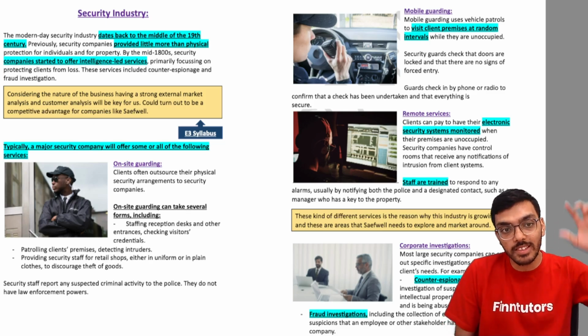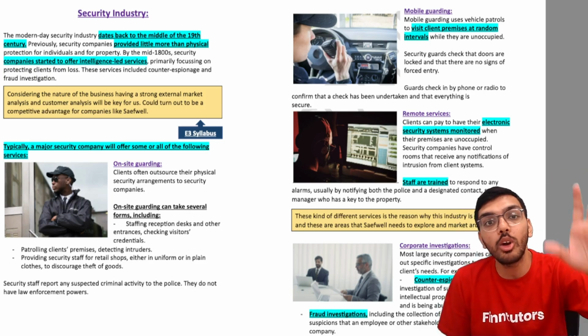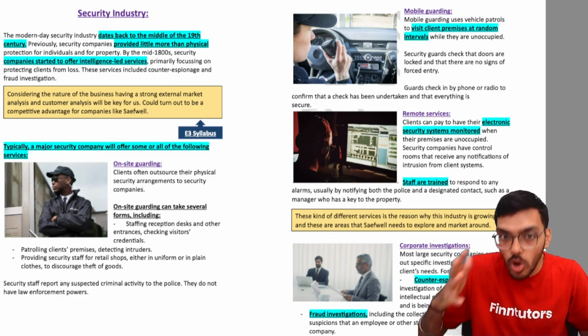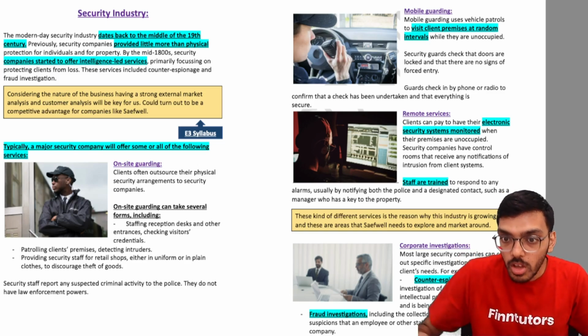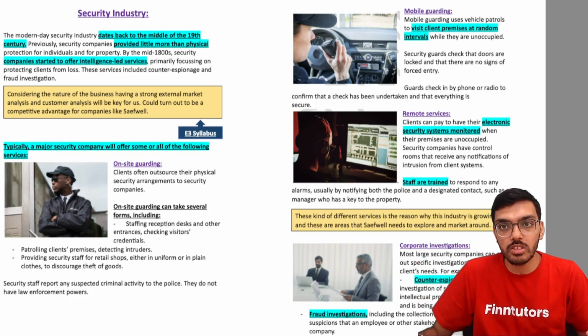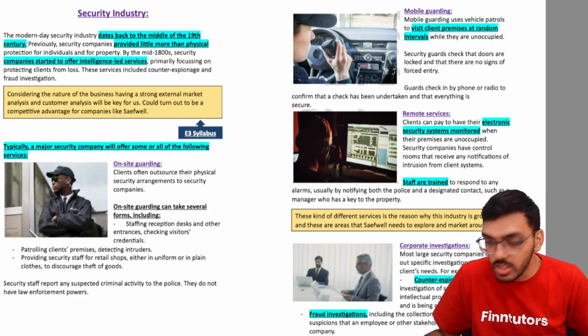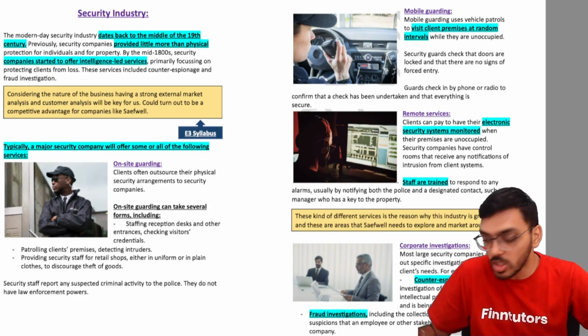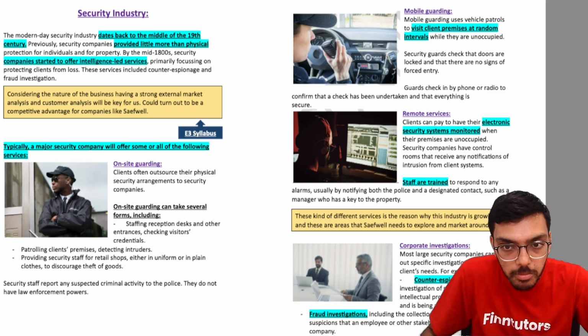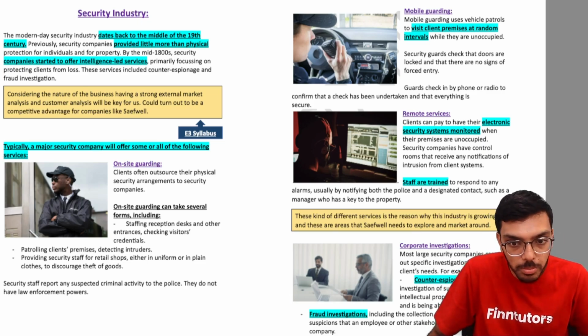So remote services is remotely keeping an eye on your premises, on your assets, to make sure nothing has gone wrong. Now you can see the varying nature of services. There is on-site service, there is mobile guarding, there is remote service, and furthermore which we are going to go through.